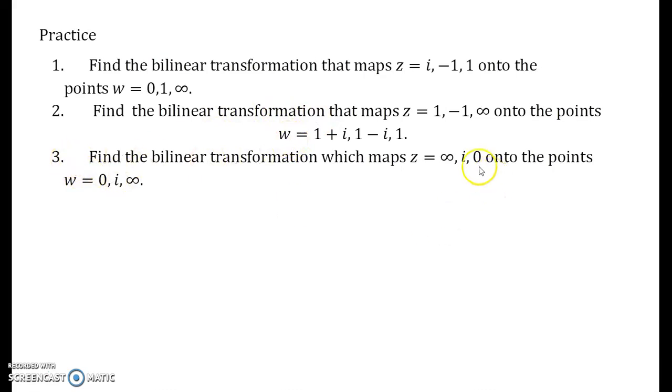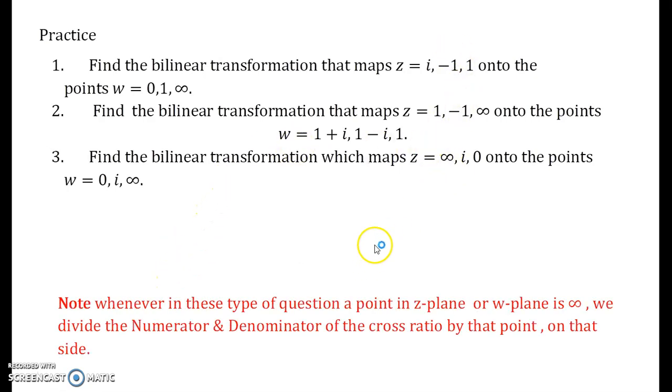And in the third one, there is infinity on both sides. So on the Z side you will have to divide by Z1, and on the W side you will have to divide by W3. Do not change the order of the points for any of these problems, otherwise your answer will not come out correct.